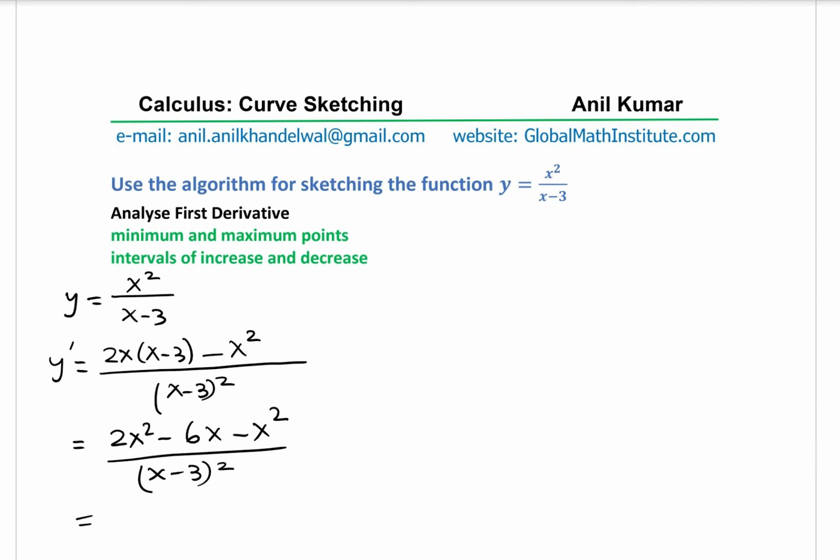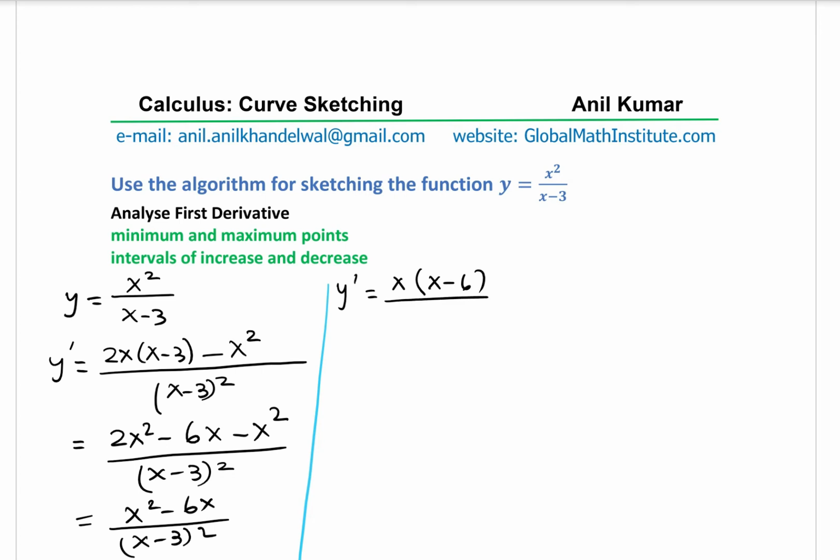And that gives you x squared minus 6x over (x minus 3) whole square. So let's continue. The first derivative for us is equal to, we can factor x, and we get x times (x minus 6). Denominator is (x minus 3) whole square.